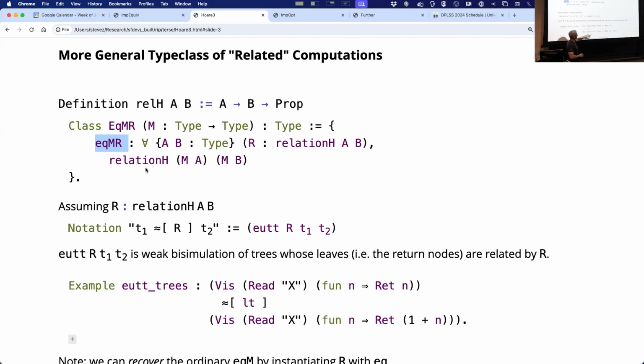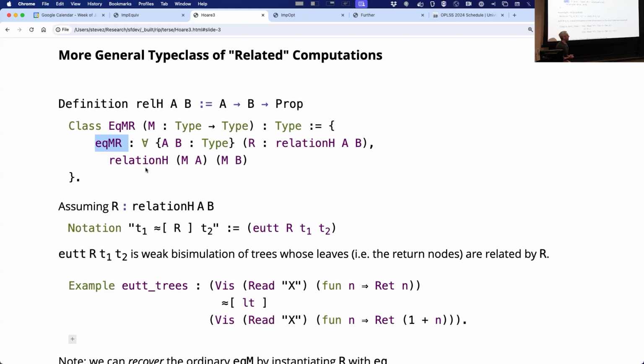This one is very similar, except that I'm returning 1 plus n. So these are neither weakly bisimilar nor strongly bisimilar because they return different things in the leaves. But if we allow less than as the comparison, for every leaf here, the corresponding leaf over there is less than. And so this would be an example of this EQMR.